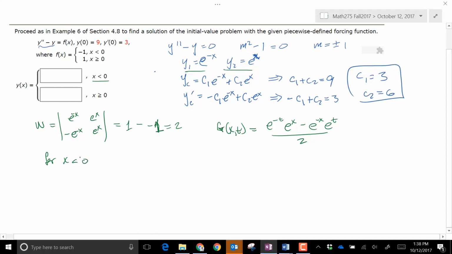For x less than 0, our y particular solution is going to be the integral from 0 to x of Green's function, which is 1/2 e to the negative t e to the x minus e to the negative x e to the t, times, since we're assuming x is less than 0, it's negative 1. That's your f function.